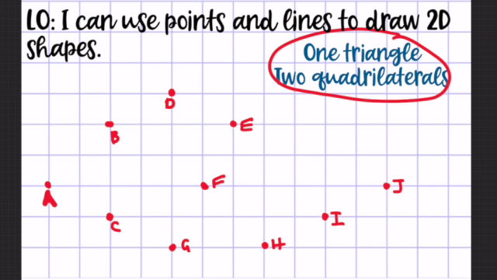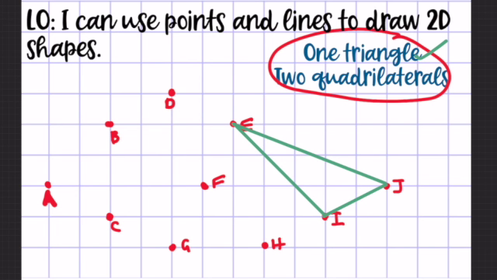I'm going to go I to J, I to E, and E to J. Wouldn't it be great if our pens and pencils did that for us like that? So I've got there my one triangle from E, I to J.